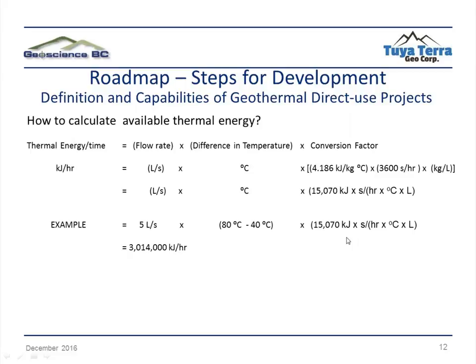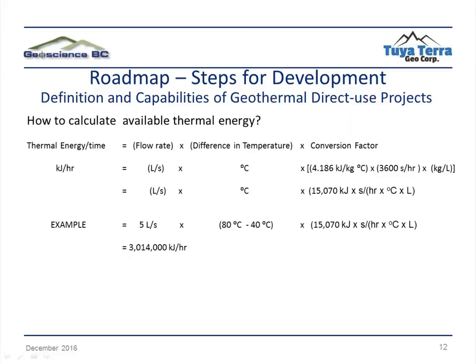And then what you've got here on the right-hand side is essentially just the units that are required to make this equation work in order to convert the units properly. So we've got 5 liters per second, difference in temperature that's 40 degrees Celsius. You've got the specific heat capacity of water, which essentially is just the amount of energy that is required in order to increase the temperature of water by 1 degree Celsius.